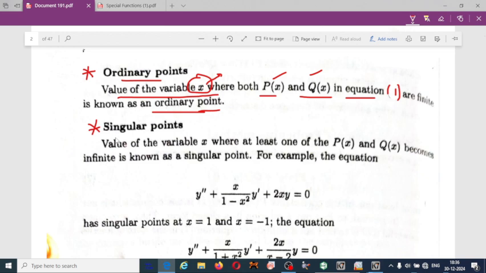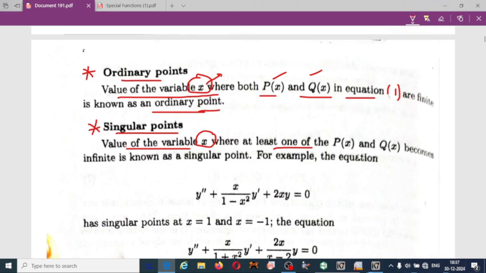You can understand this with the help of an example. So let us define singular points. A value of the variable x where at least one of p or q becomes infinite is called a singular point.